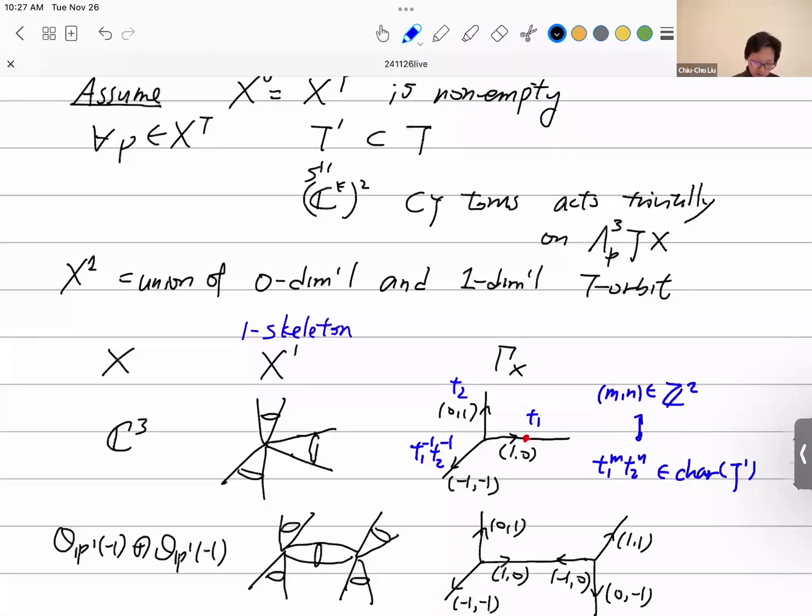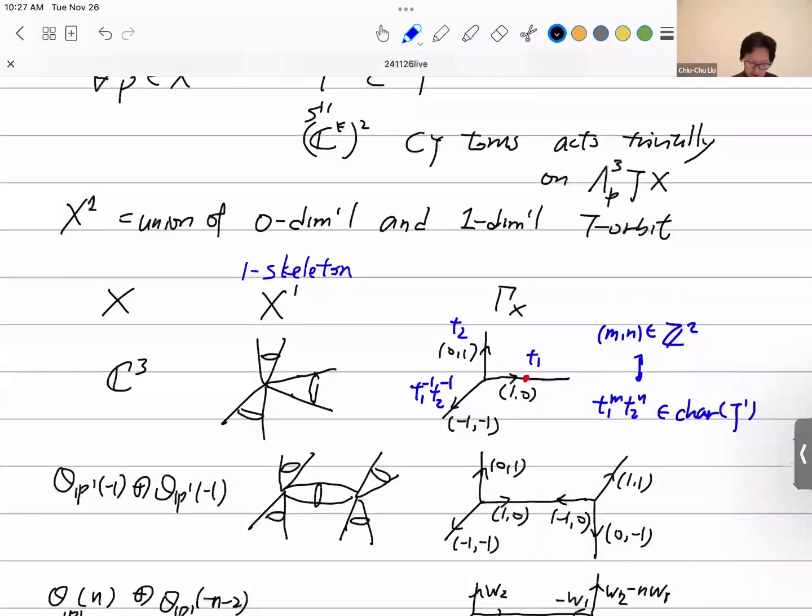So we have this configuration of one-dimensional orbit closures. For each P1 we associate a compact edge, for each C a ray, and for each fixed point a vertex. We get this trivalent vertex, and if you take away the fiber at infinity, you get C3 and the toric graph of C3.